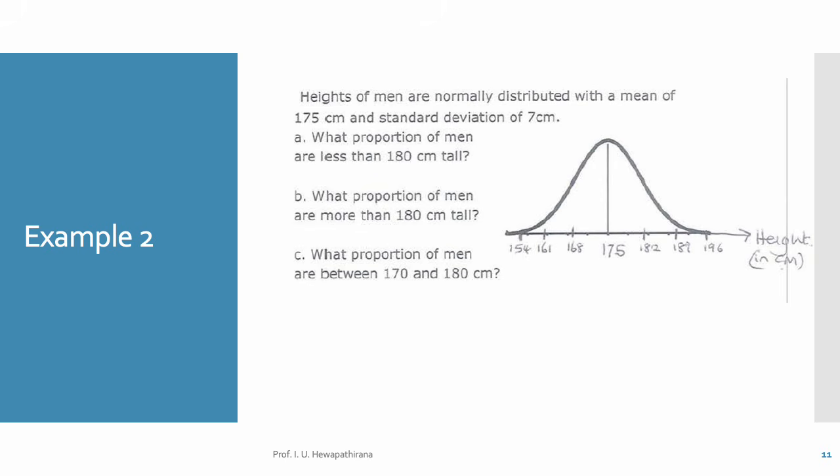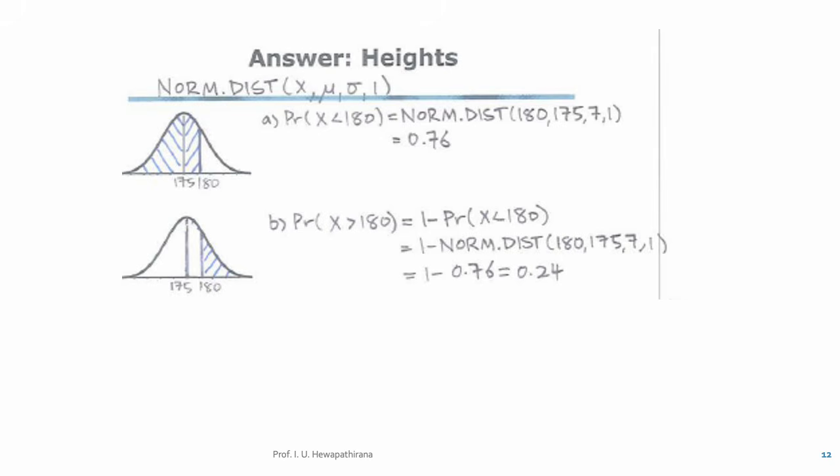Next question, what proportion of men are more than 180 centimeters tall? So now we are asking, what is the probability that x is greater than 180, this small area? So when we have to calculate greater than probabilities, we take the complement. We calculate 1 minus probability x less than 180.